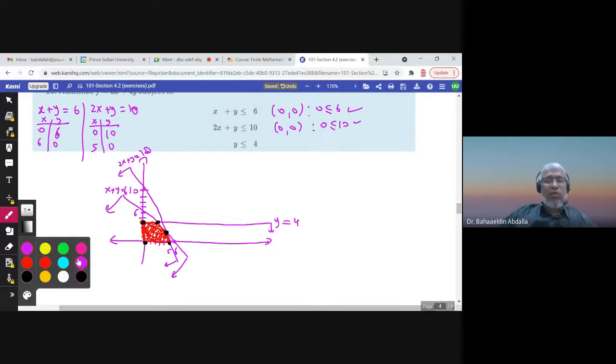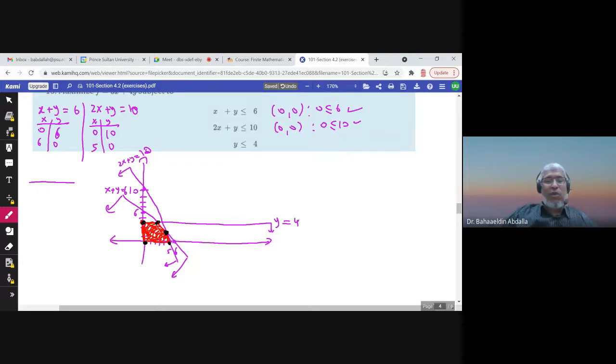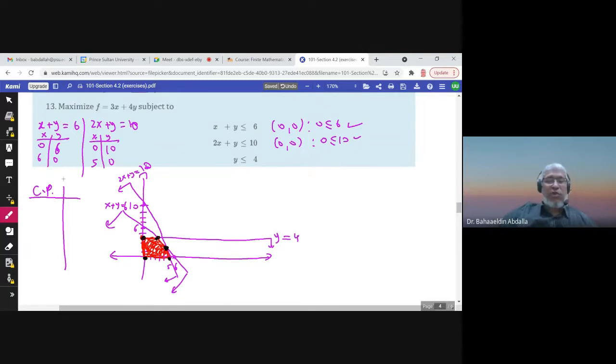So we have five corner points, and the objective function is called f.